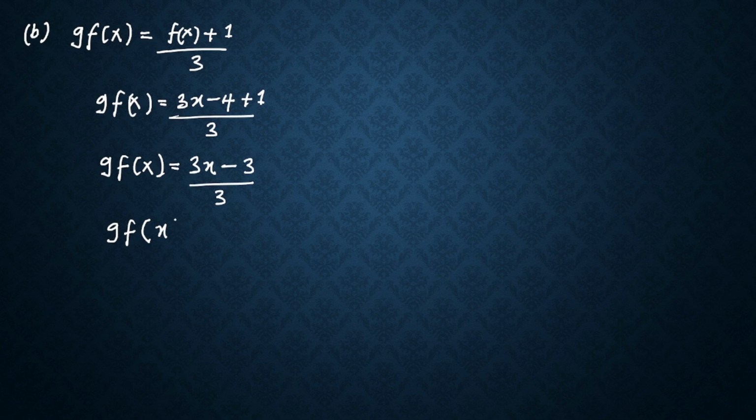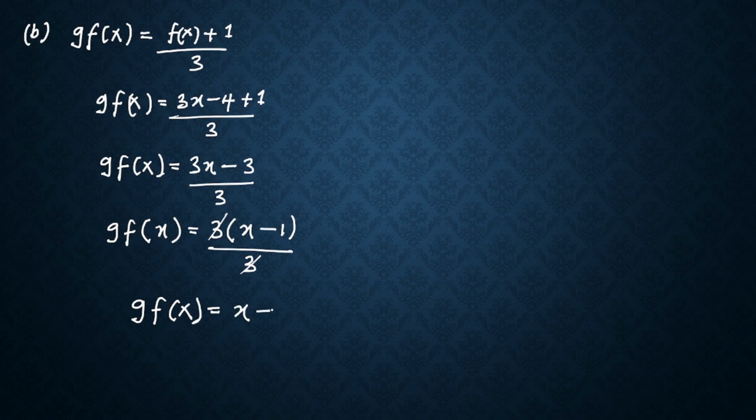So we factorize the top part, where we take 3 out. You remain with (x minus 1) over 3. Since that is common, you can cancel the 3 and the 3. Therefore, g of f of x is equal to x minus 1. We're done with the B part.